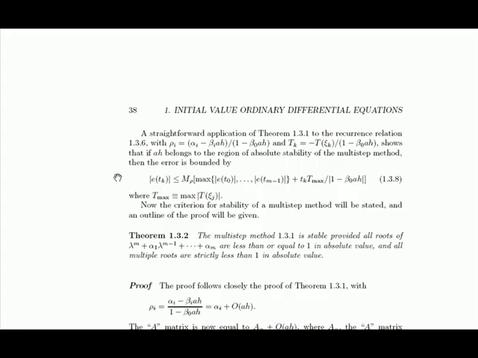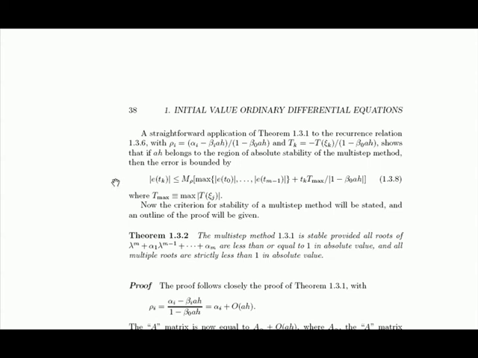So why does it suddenly become good after h goes below a certain threshold? Well, to see why the explicit third-order Adams method and Euler's method and other explicit methods do just fine after h gets below a certain threshold, we'll never figure it out by looking at that other formula with the exponential term in it, because the exponential term is so large that it's essentially just saying the error is less than infinity.